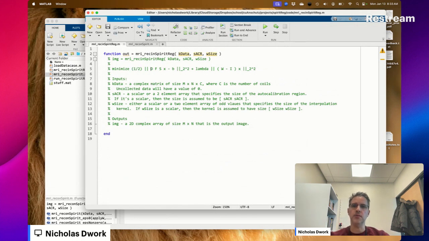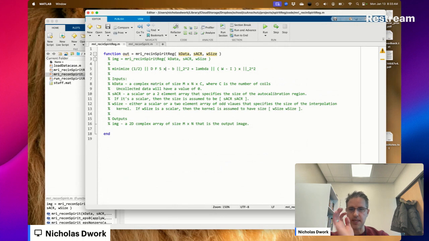What do all these things mean? X is the optimization variable. It represents the image that we're going to try to reconstruct. By solving this problem, we will reconstruct an image. S are the sensitivity maps. F represents a block matrix of discrete Fourier transforms. And D isolates just the data that was collected.